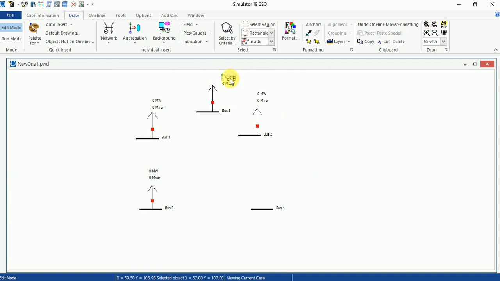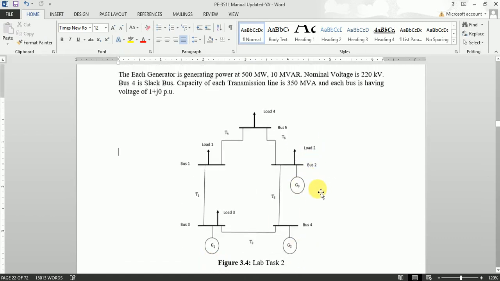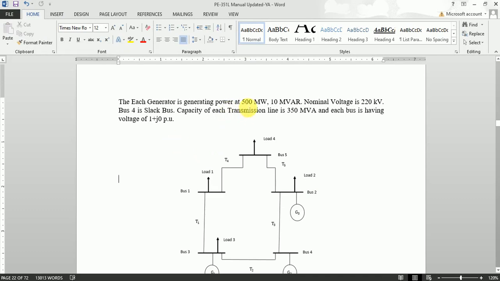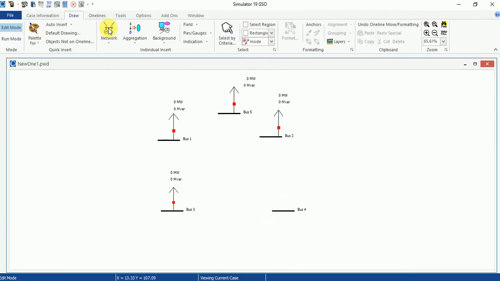Now we must add the generators inside the given system. There are 3 generating stations in the given transmission system: G1, G2 and G3. Each generator is capable of generating power of 500 megawatts and 10 megawatts. So we must add the generating units one by one. First of all, generator G1.